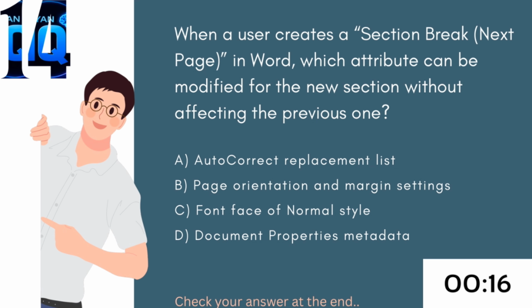This flexibility is crucial for complex documents, where different sections need distinct layouts. So, understanding how section breaks work helps you manage your document's formatting efficiently, which ties into our overall goal of mastering Word's features to create professional and well-structured documents.